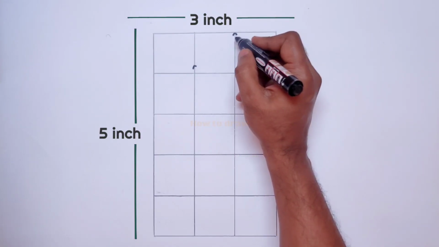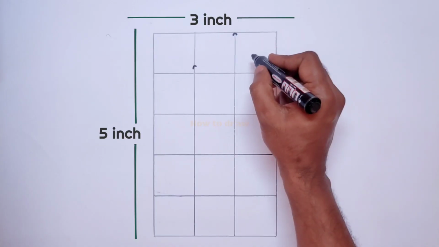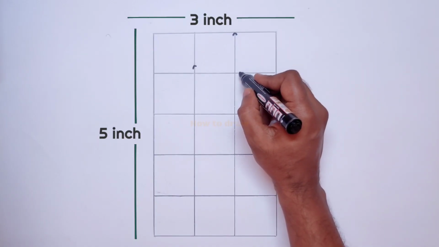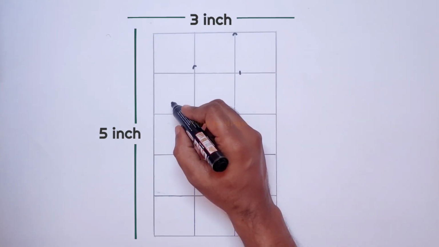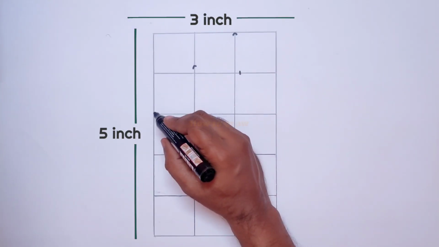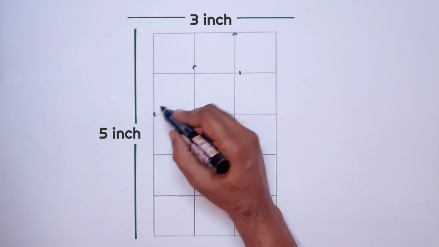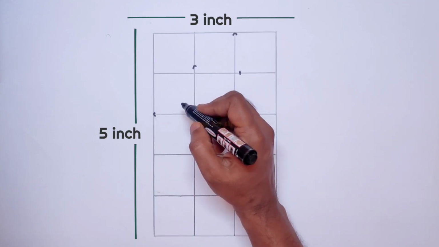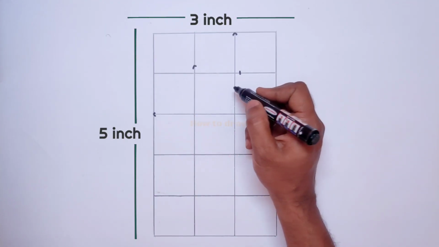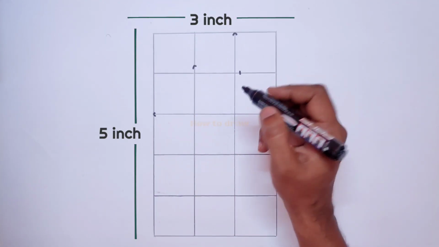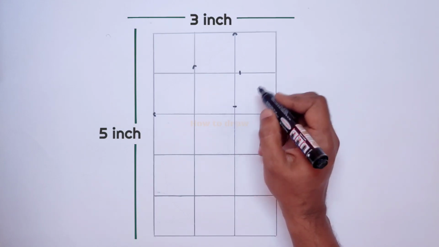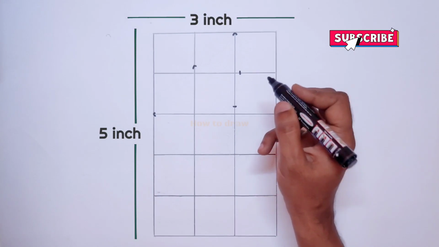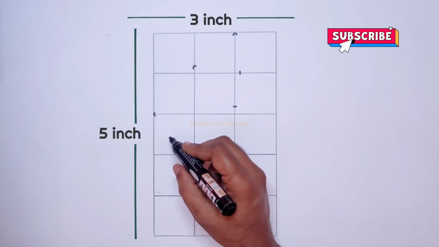See, a small curve we have to make here, and after this, in the third box we have to make a mark here, and coming to the fourth box, a line will come from here to here, so we have to make a mark here. After this, in the fifth box, at this point we have to make a mark like this, and we should not make any mark in that box.